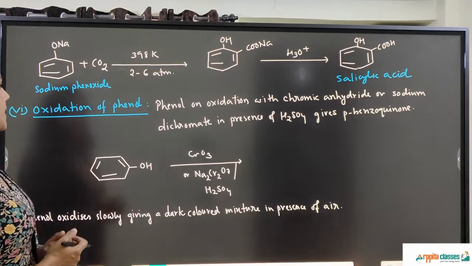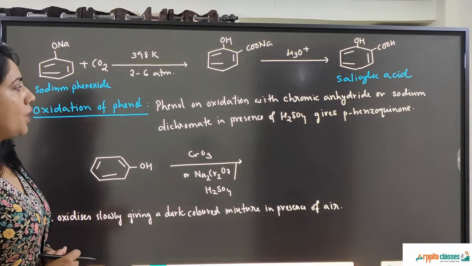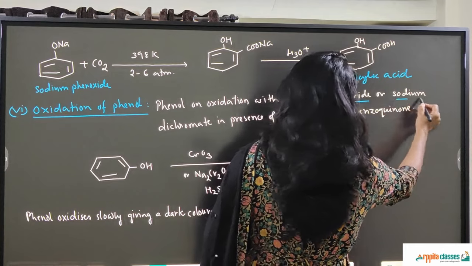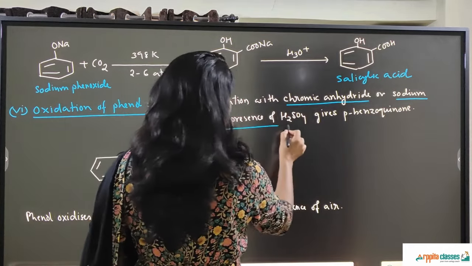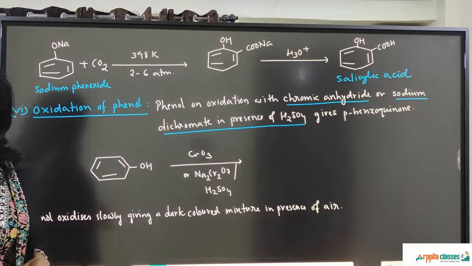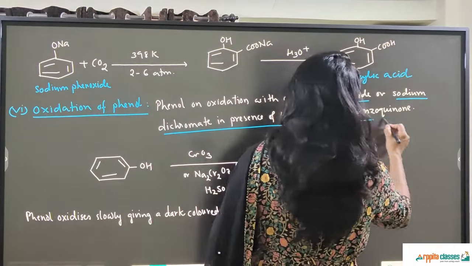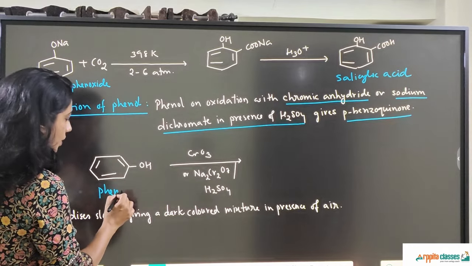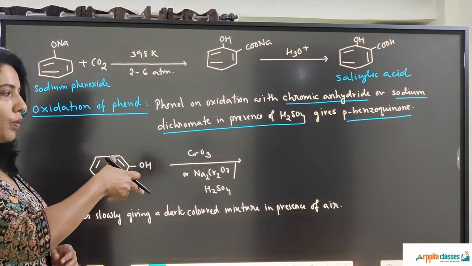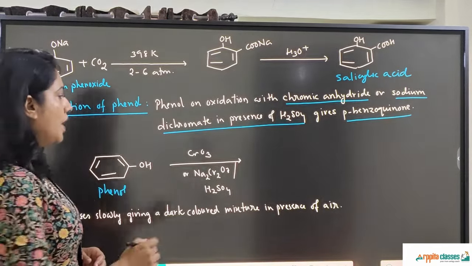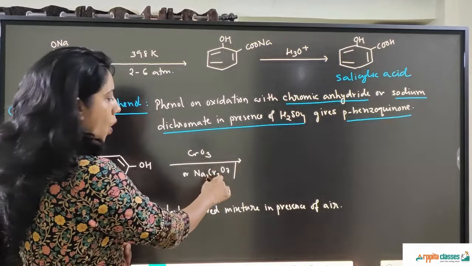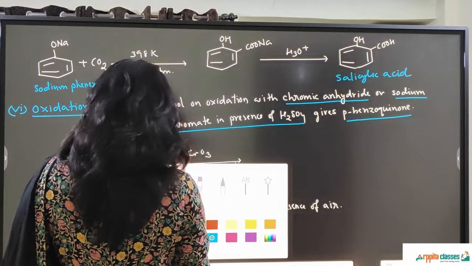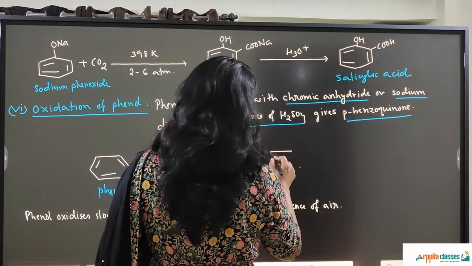Now come to the next reaction, that is oxidation of phenol. Phenol on oxidation with chromic anhydride, which is an oxidizing agent, or sodium dichromate in presence of H2SO4 gives para-benzoquinone. I have written it this way; I just rotated the molecule. So this is phenol. It is treated with chromic oxide or sodium dichromate in presence of H2SO4, and you get this compound as a product.